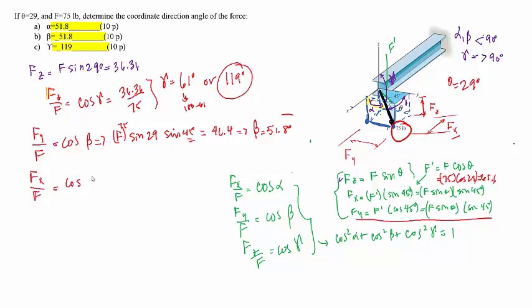Then Fx over F would be cosine of alpha, which, if I look here, is F sine of zeta times cosine.